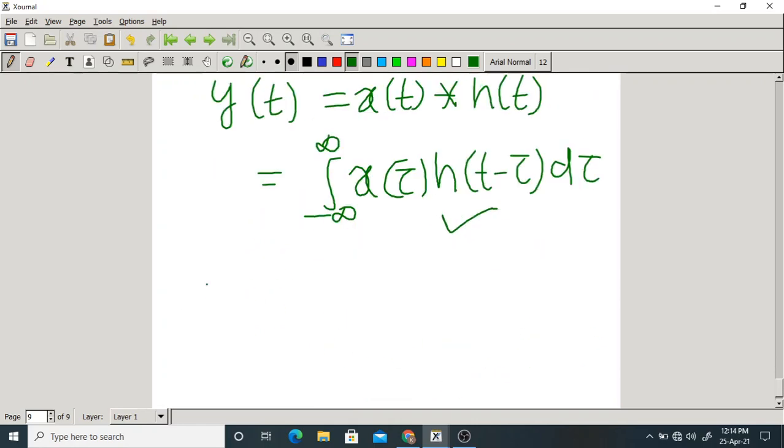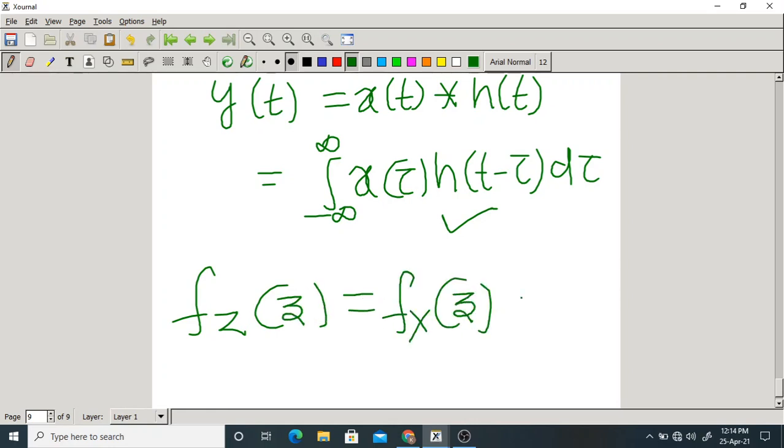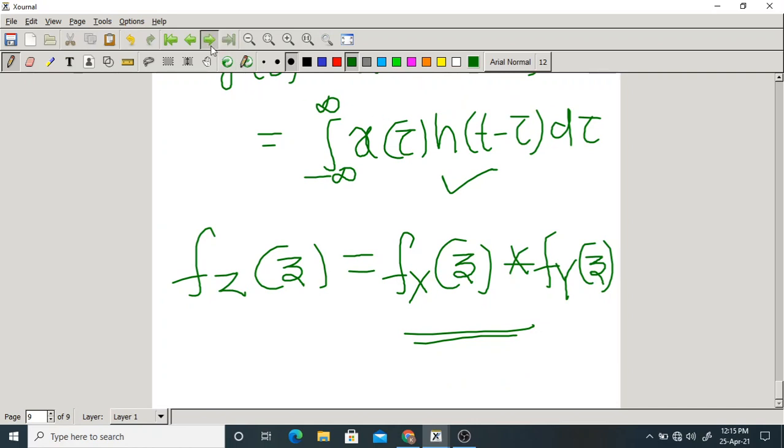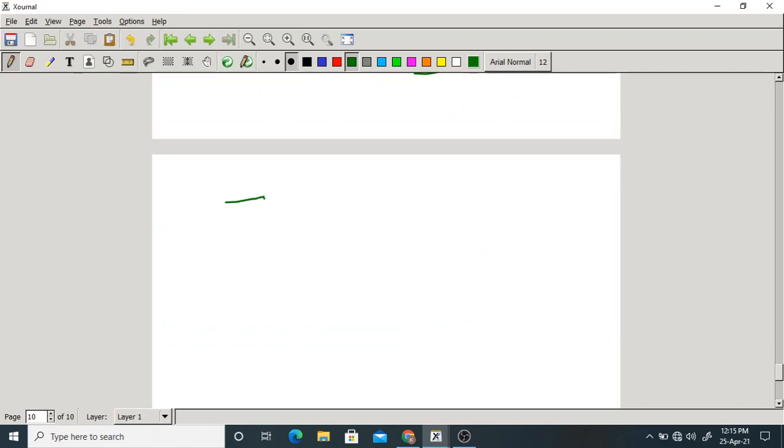So it simply becomes fz of z equal to the convolution of fx of z and fy of z. This logic is very important. If z equals x plus y, the PDF of z is not the sum of two PDFs.